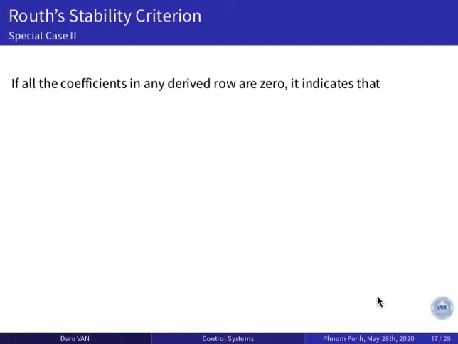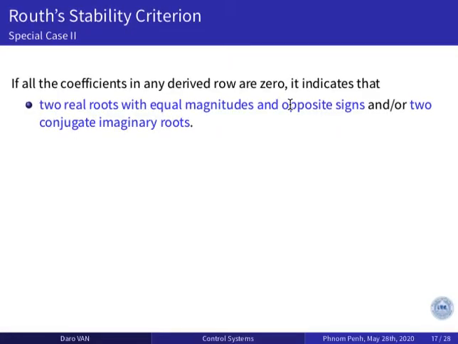Special case 2 is when the coefficients in any derived row are all 0. In that case, it indicates that there are two real roots with equal magnitude and opposite sign, and/or two conjugate imaginary roots.